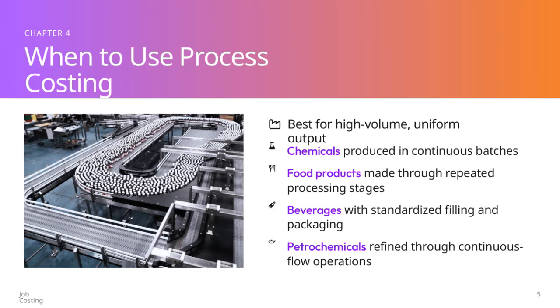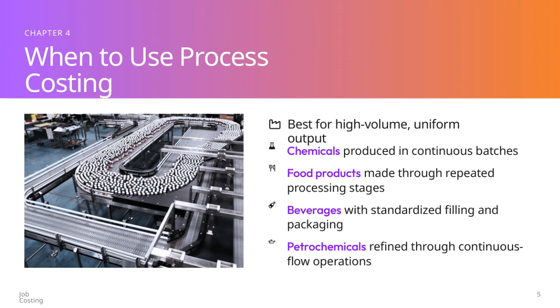Now let's talk about when it's best to use process costing. This method works really well for high-volume, uniform output, where products are pretty much identical. For example, chemical manufacturing often involves continuous batches, making it a great fit. Similarly, food products that go through repeated processing stages can benefit from process costing, as can beverages that have standardized filling and packaging processes.